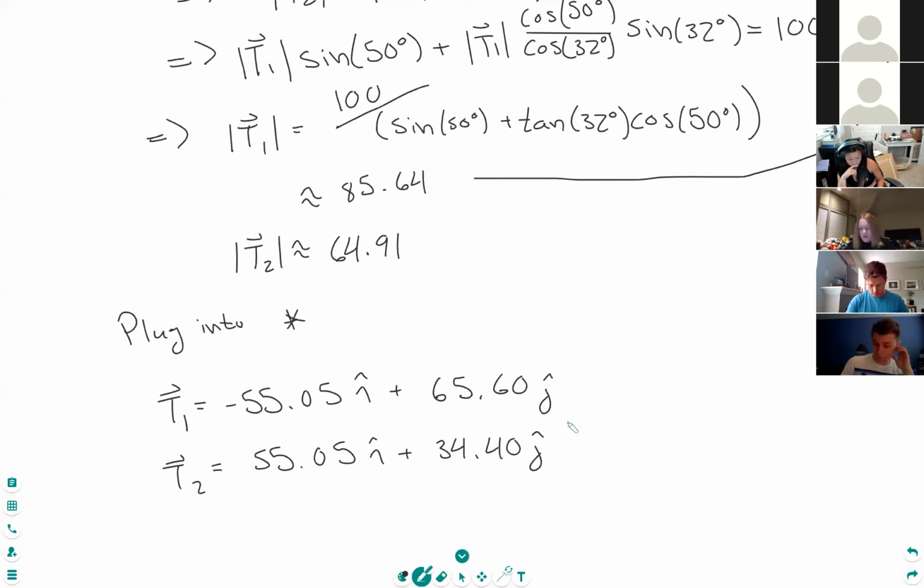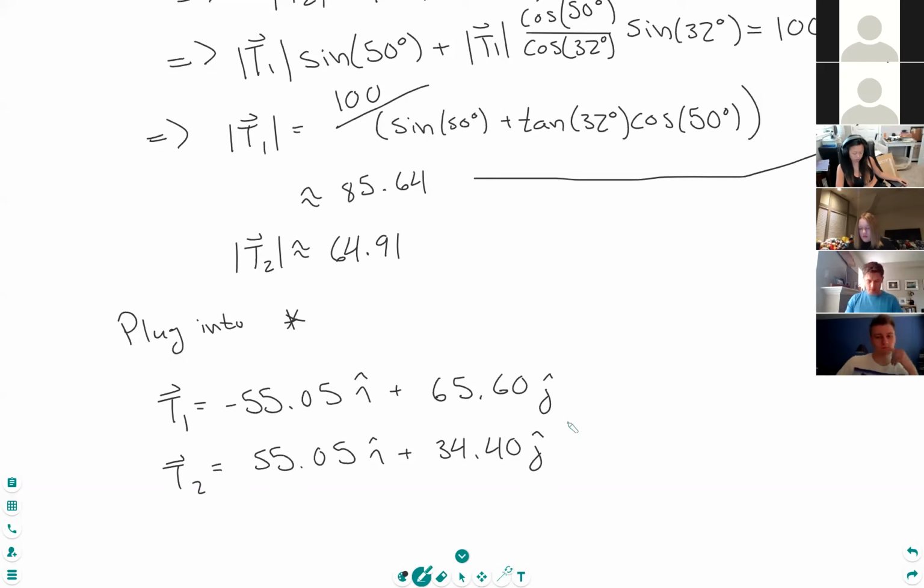Now, I hope if you take anything away from this course, way down the road when you might forget what Calc 3 is all about, always think about how rational your final answer is. Does it make sense? Okay, so take a look at this. We know that the x components we've got here are about -55 and then +55. Well, we should know that the box is not moving horizontally, right? It's not moving in the x direction at all.